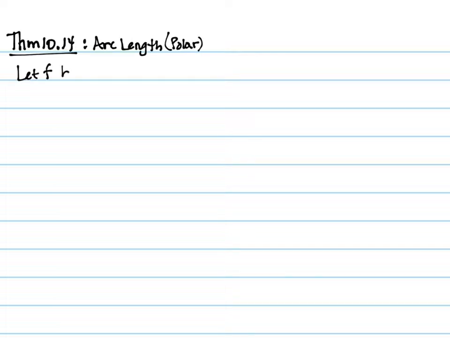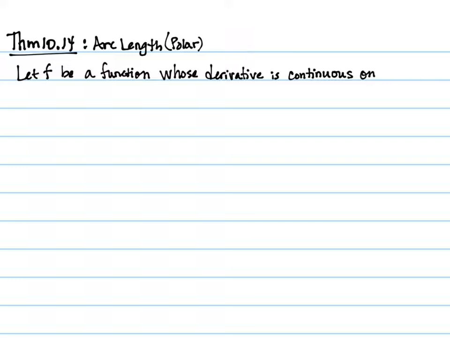Let f be a function whose derivative is continuous on alpha to beta. And it's the open interval alpha to beta is all that we need.